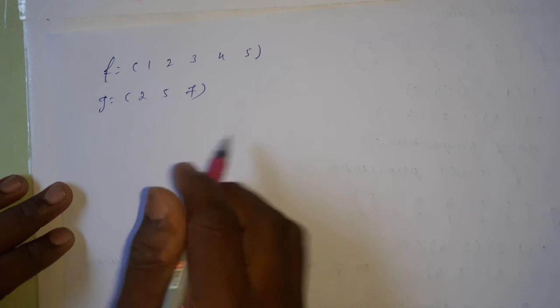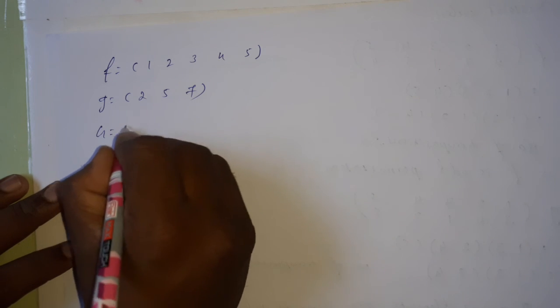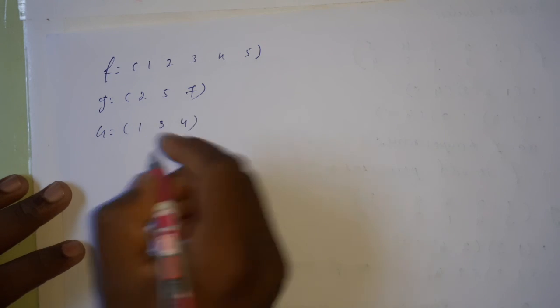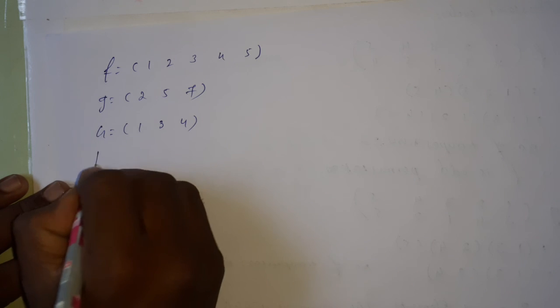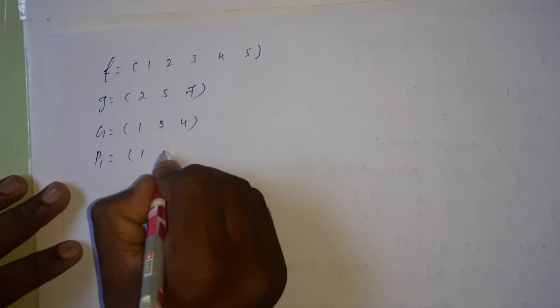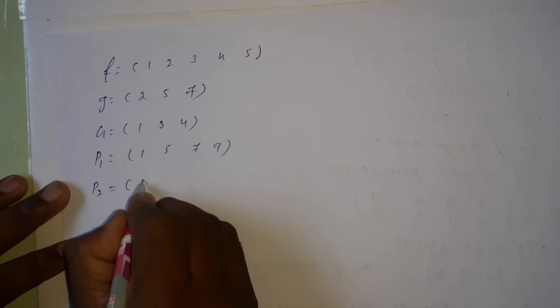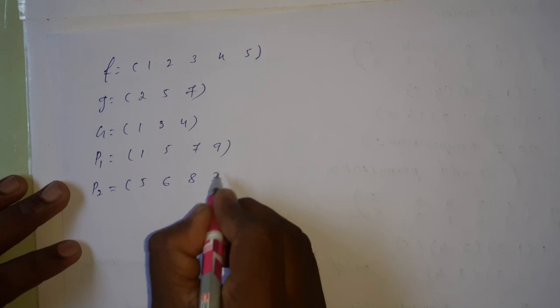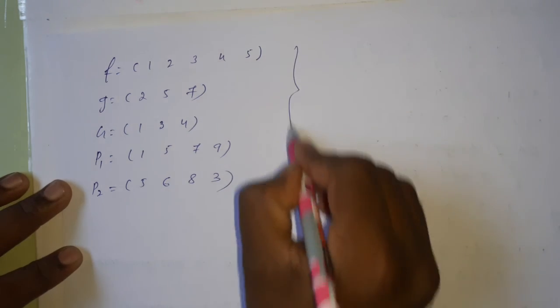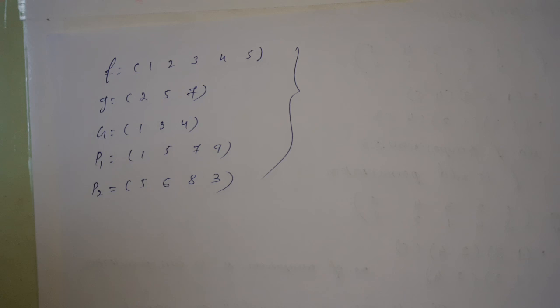Then G equal to (2, 5, 7), then H equal to (1, 3, 4), P1 equal to (1, 5, 7, 9), P2 equal to (5, 6, 8, 3). Now consider all these examples, express them as the product of transpositions and check which are odd and even permutations.